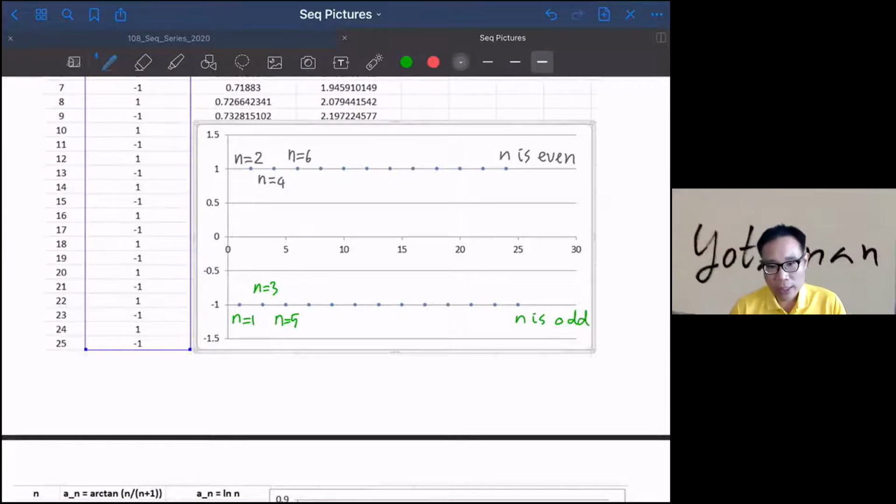So the sequence (-1) to the n is an alternating sequence.